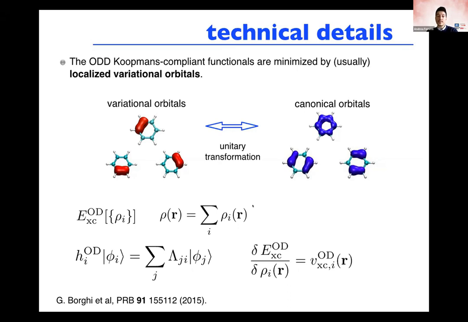So all in all, if we minimize the total energy by means of this equation, we end up having a set of minimizing orbitals that tend to localize. Because of this orbital dependence, unitary invariance, as in DFT or Kohn-Sham, is actually broken. And so different unitary rotations among the orbitals give different total energies. Typically the total energy is minimized with localized orbitals. So our minimizing orbitals basically look like Wannier functions.